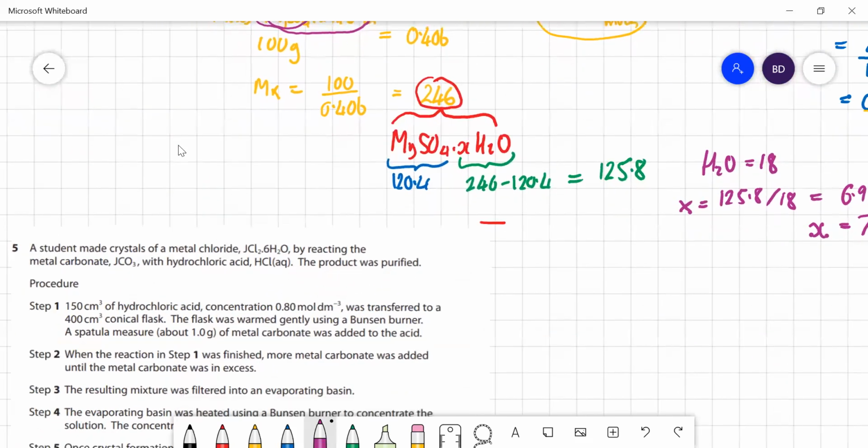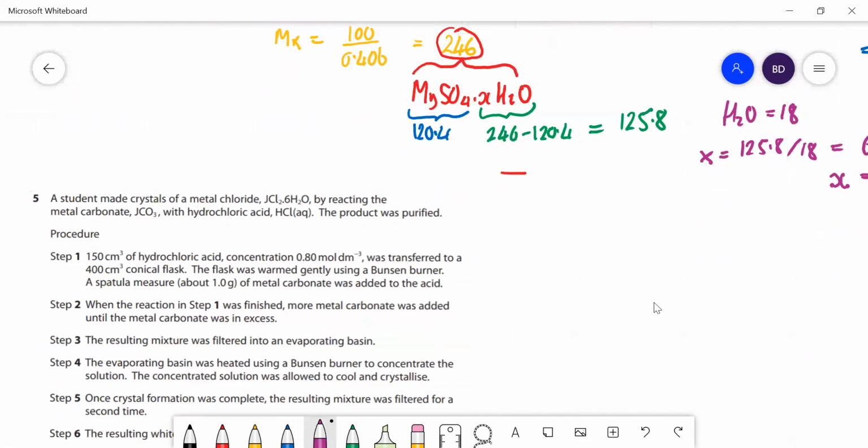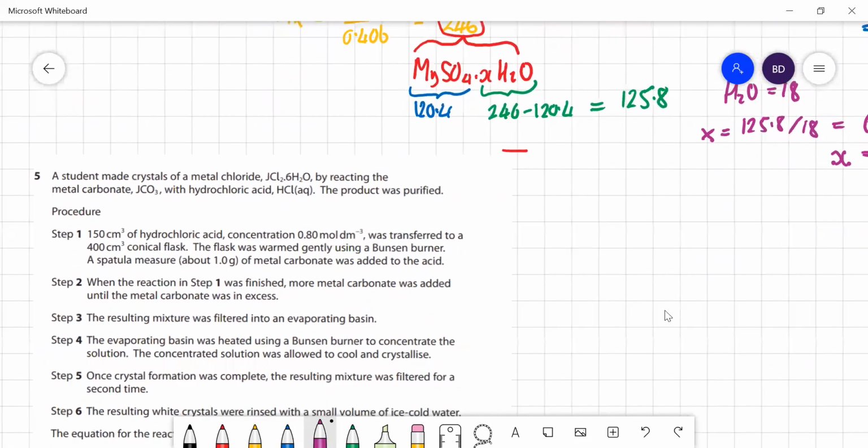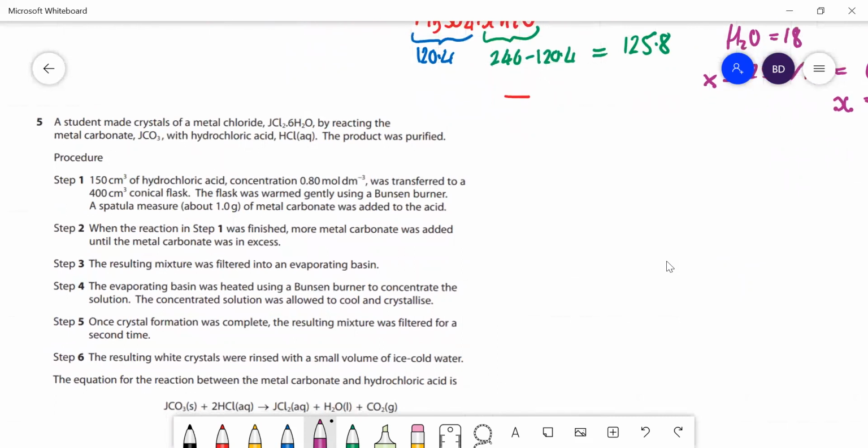Okay, right, this question now. A student made crystals of a metal chloride, JCl2·6H2O, by reacting the metal carbonate with hydrochloric acid. Okay, now, if it's JCl2, that means J must be a 2+ ion because chlorine is a 1- and it's JCl2.